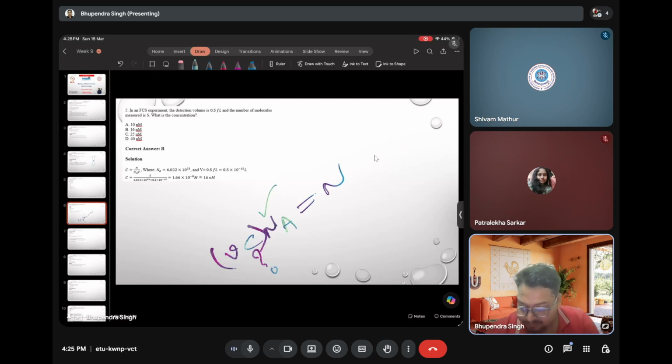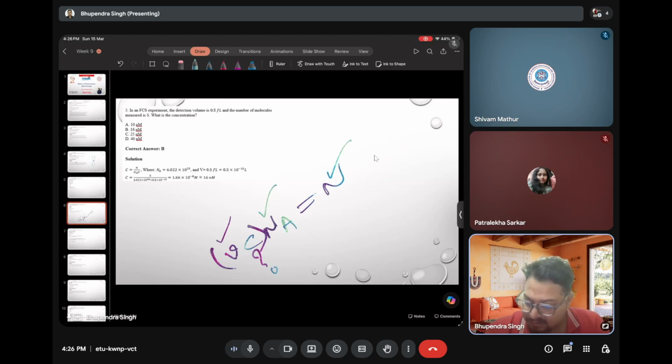The number of molecules measured is 5, this is given, and volume is also given, 0.5 femtoliter. But before the calculation, you need to convert the units from femtoliter to liter.